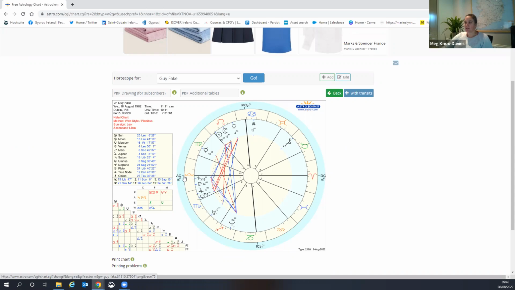So if you have lots of lines accessible to you with an AC, that means it's more an awareness of yourself. So it's a self line. DC are relationship lines, and IC lines are home and family lines, and MC lines are how we show up in the world, so work and career lines.